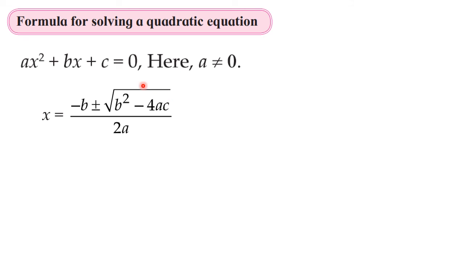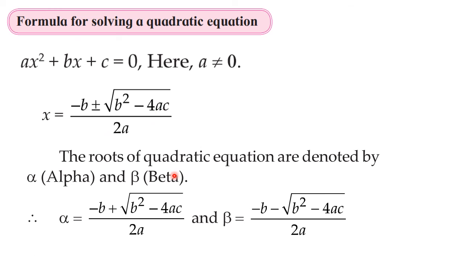This b square minus 4ac is called the discriminant, and it is written using the Greek letter delta, a triangle-like symbol. Okay, so this discriminant decides the nature of the roots. So in this way, in the formula we can get two different roots which are called alpha and beta.